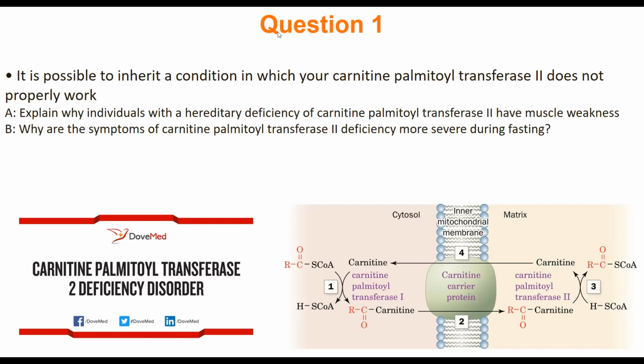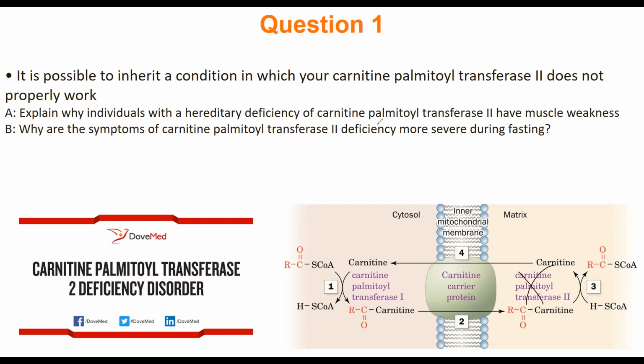All right, so in this condition, carnitine palmitoyltransferase 2 does not work. Yep, that's correct. So this fatty acid, we can break that down into energy to use in the electron transport chain.